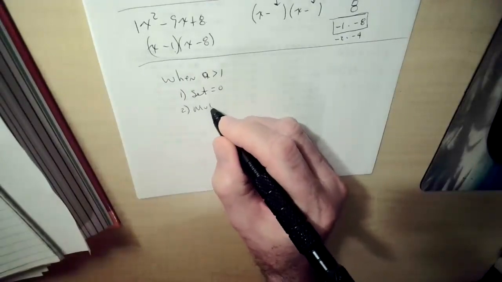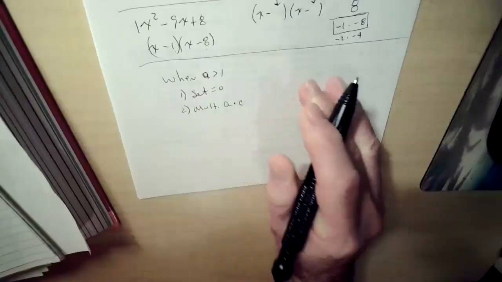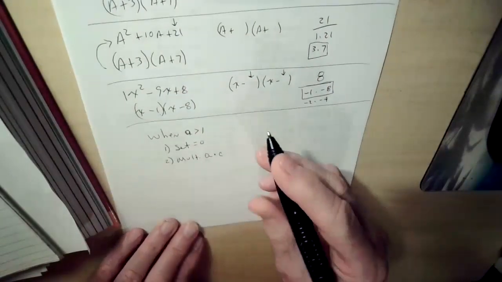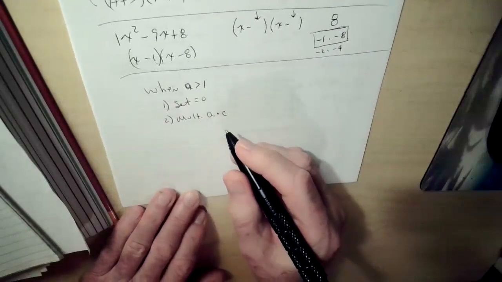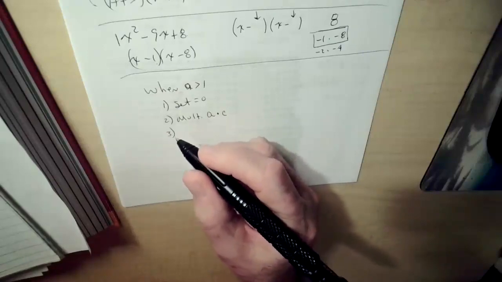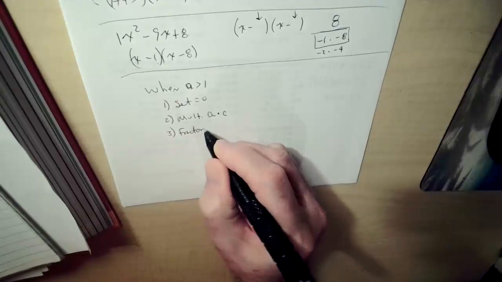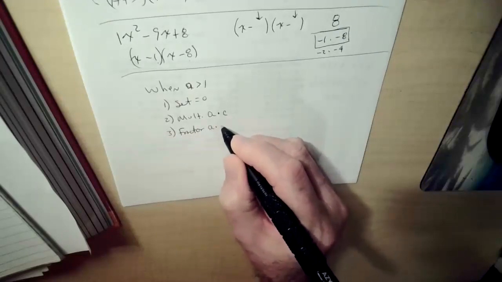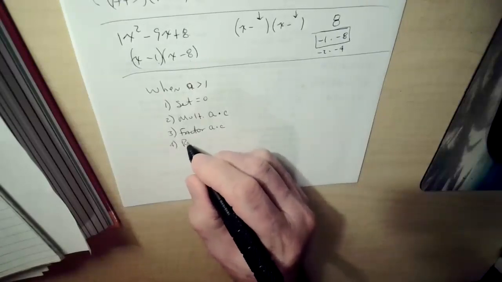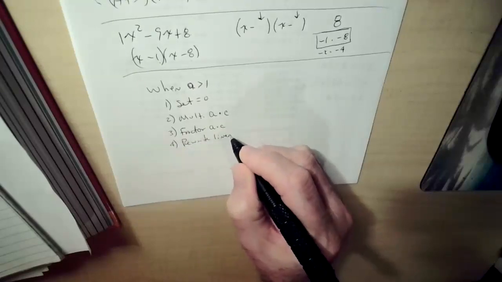Number 2 is you multiply A times C. Number 3, you factor A times C. We're going to rewrite the linear term.